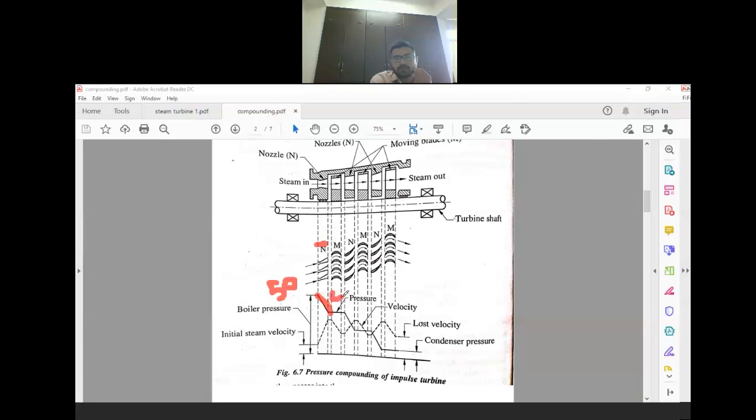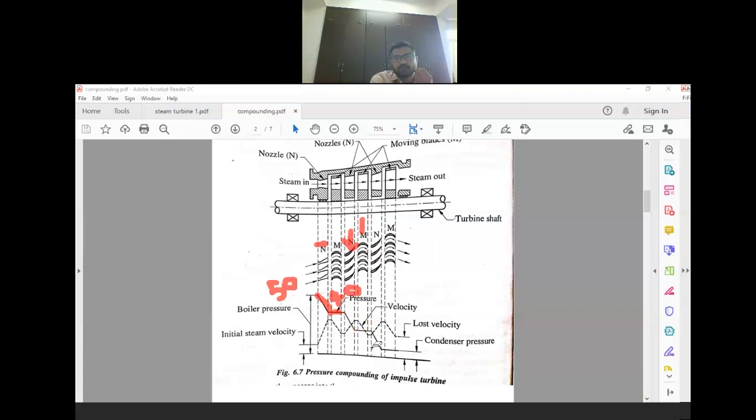So we have reduced our pressure from 50 to 40, and that's why the velocity increases. Then in the moving blade, your pressure will not change, but your velocity gets consumed. Then from 40 to 30, in the nozzle you are reducing your pressure from 40 to 30, and then again you consume that velocity.